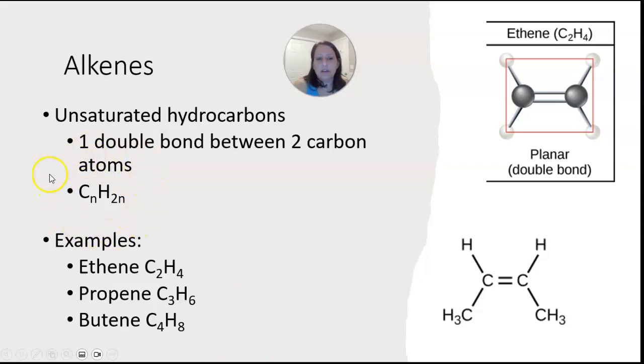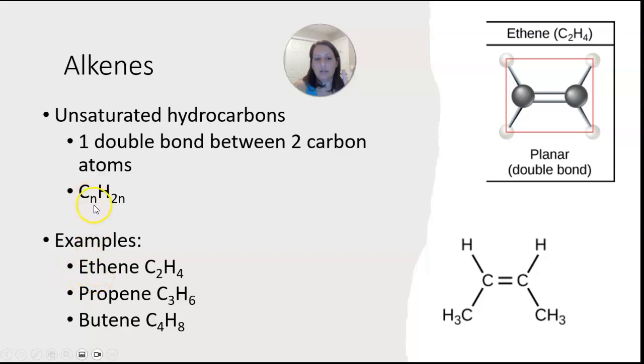This is the molecular formula for alkenes. So CnH2n, we drop the plus 2, okay, because we have a double bond. There is no such thing as methene because we need 2 carbons and meth is just 1 carbon. So the first one in this series is ethene. So again, that prefix eth means 2.